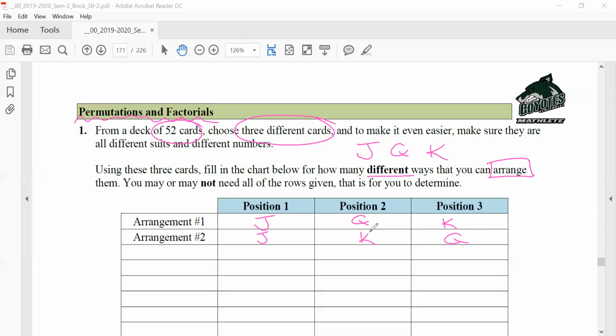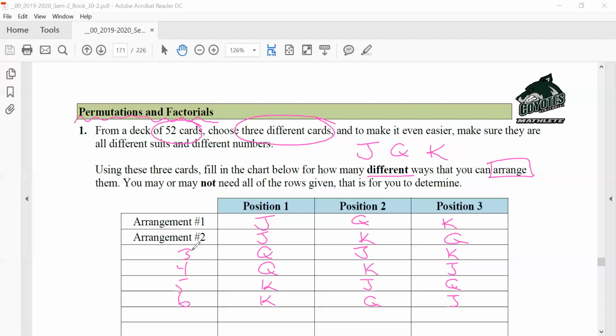Okay, you've gone and tried to arrange these things. I'm just going to continue on, and let's see if I can get them all. Okay, so now I'm going to put the queen in the first spot, and then I'm going to put the king in the first spot. So what you should have found was that there were only 6 unique arrangements of these cards.